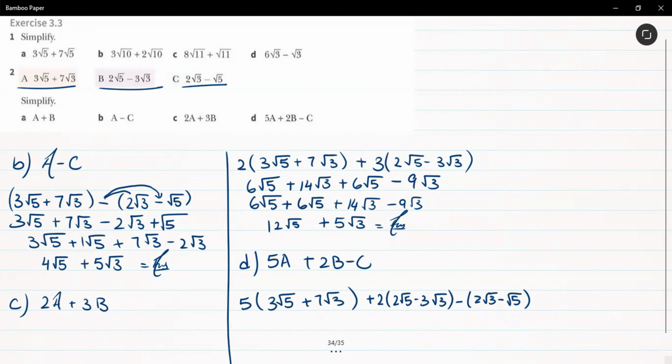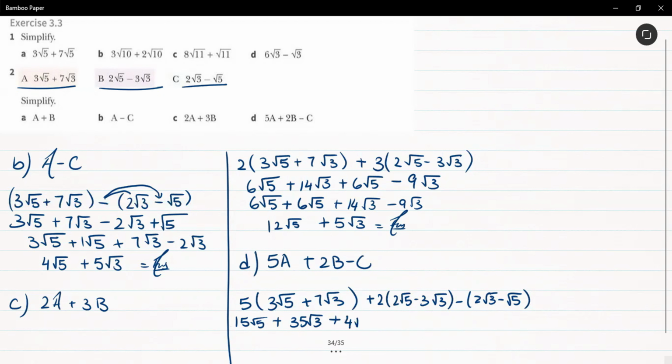Now simplify this statement. 5 3s are 15 under root 5, plus 7 5s are 35 under root 3, plus 2 multiplied by 2 under root 5.